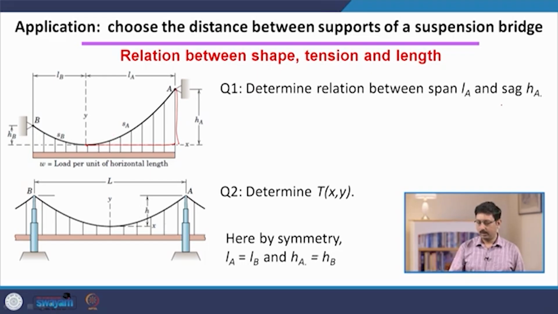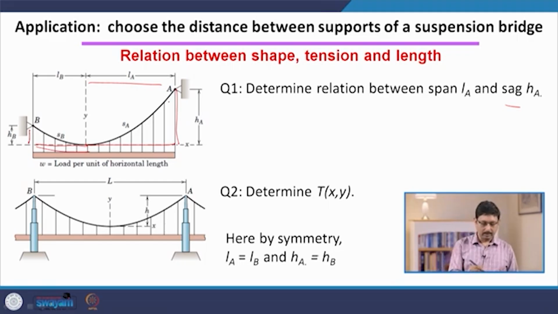This is called the sag. Similarly, for the other end, from here to here is the span on the left hand end, and this is the sag on the left hand end. If you add this distance LB and this distance LA, that gives you the total horizontal span of your bridge.